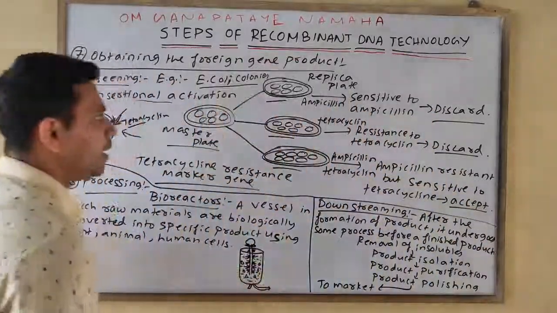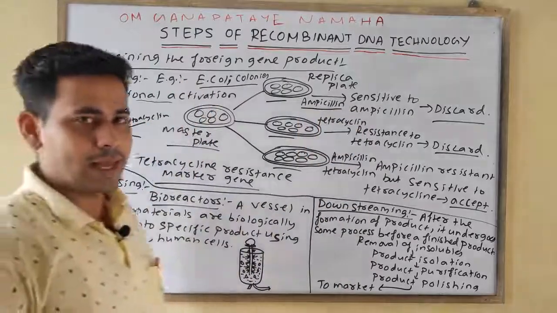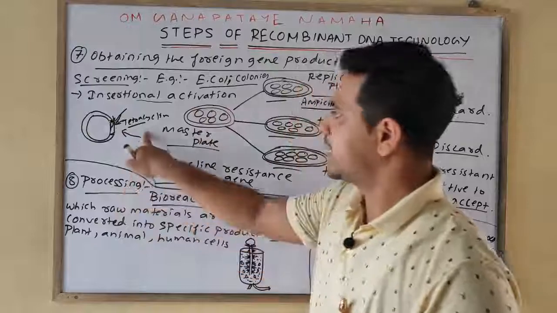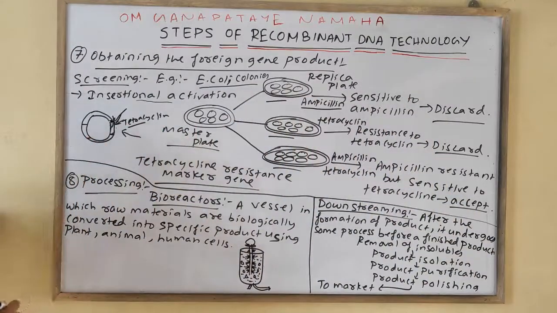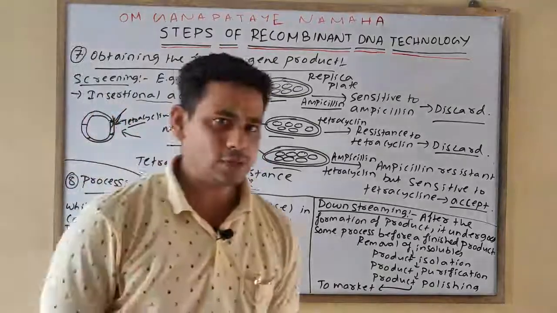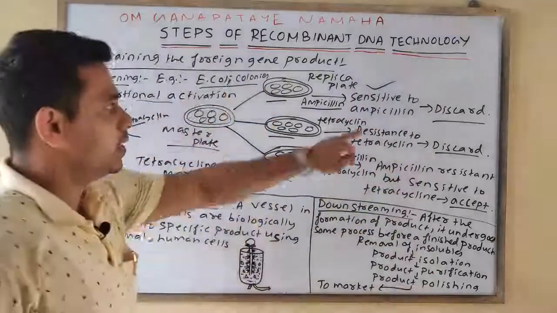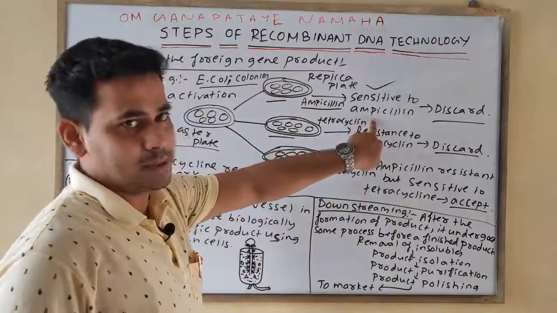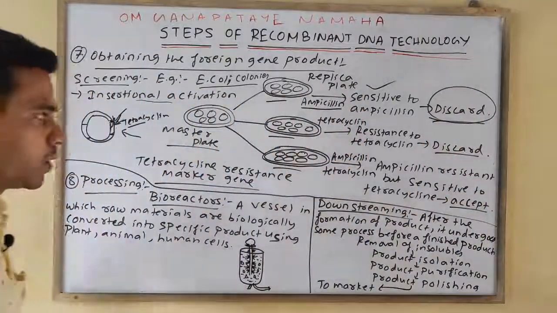See, if we apply ampicillin, obviously the tetracycline resistance gene and the ampicillin resistance genes are present, so it should show resistance to ampicillin. But if here it is seen that it is sensitive to ampicillin, this is not used, or discarded.